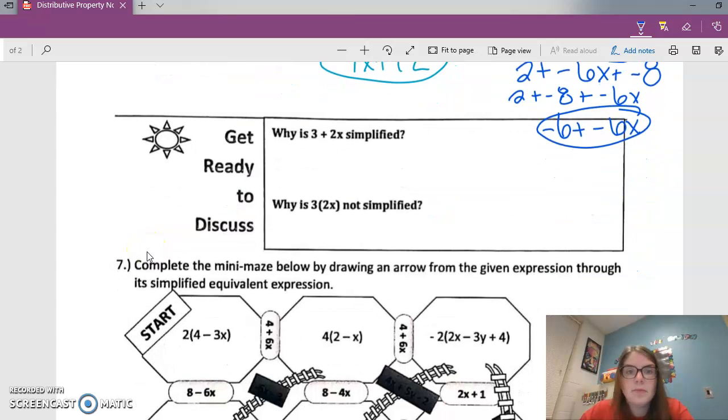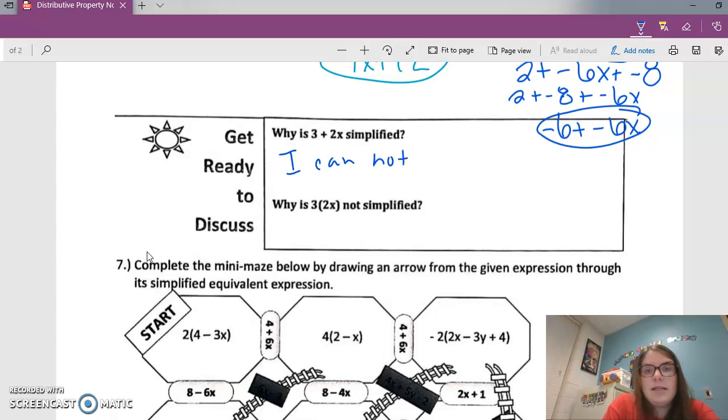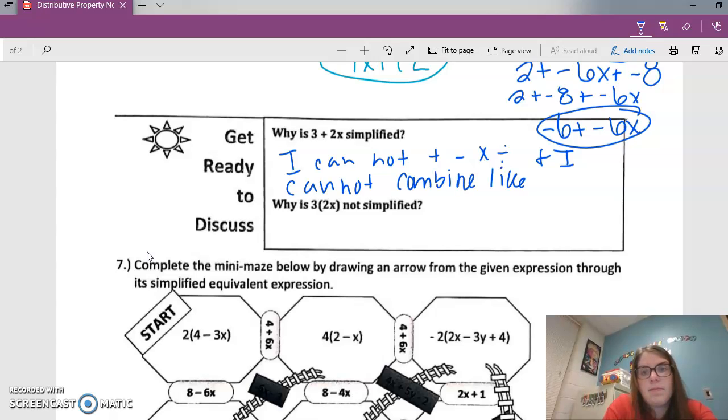All right. Why is 3 plus 2x simplified? It's simplified because I cannot add, subtract, multiply, or divide, and I cannot combine like terms. There are no terms for me to combine there because the 3 and the 2x cannot combine.